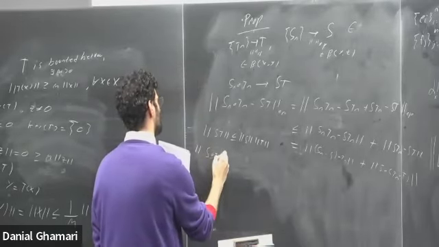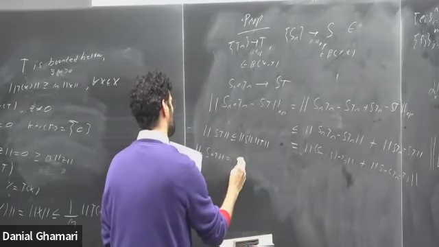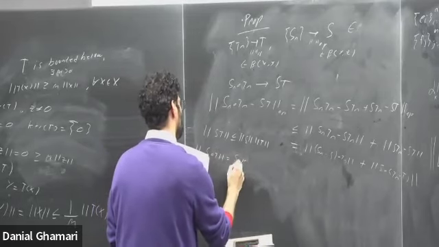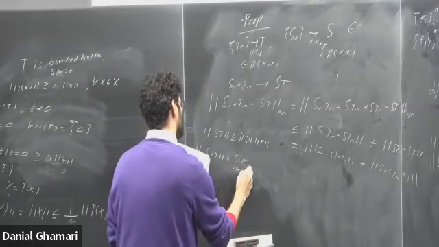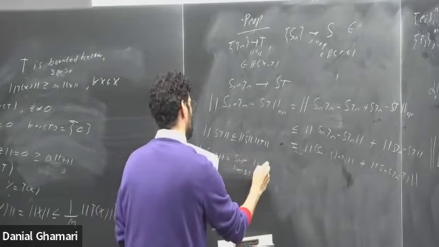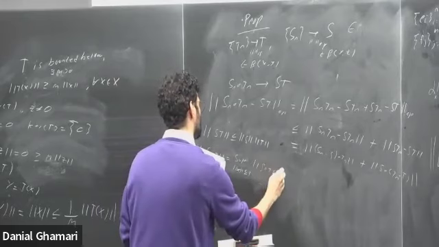So we take S composed with T, which by definition is equal to the supremum over all x with norm less than or equal to 1 of S of T of x.